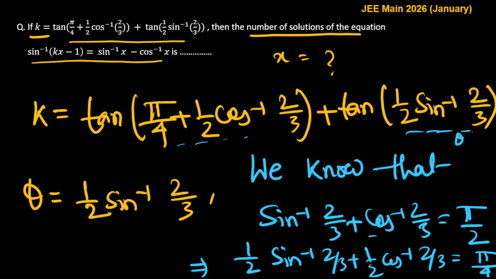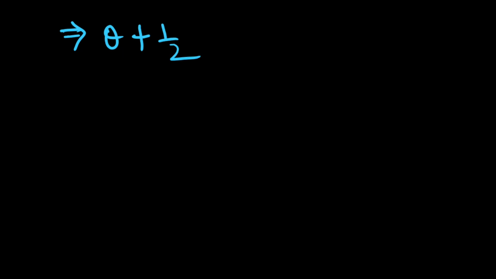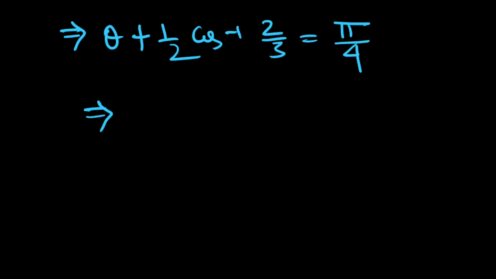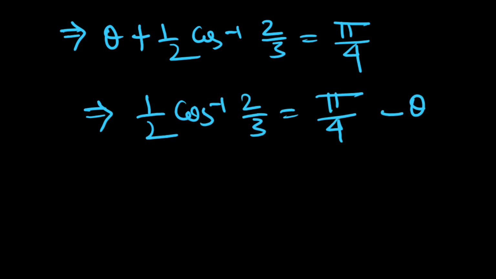So this implies theta plus half cos inverse 2 by 3 is equal to pi by 4, which implies half cos inverse 2 by 3 is equal to pi by 4 minus theta.